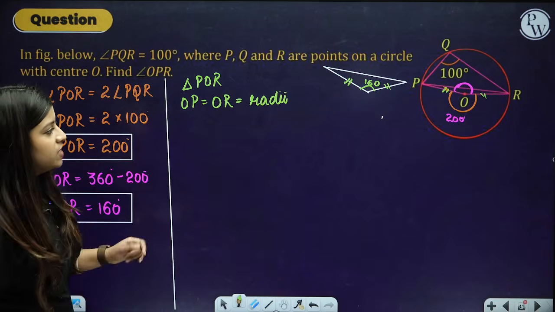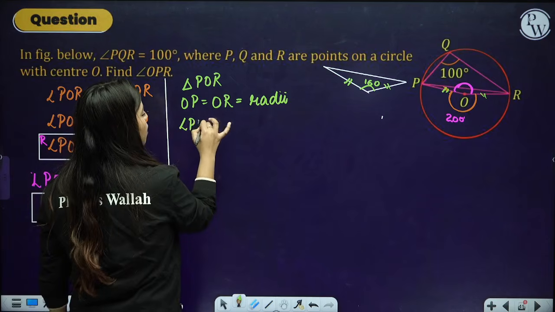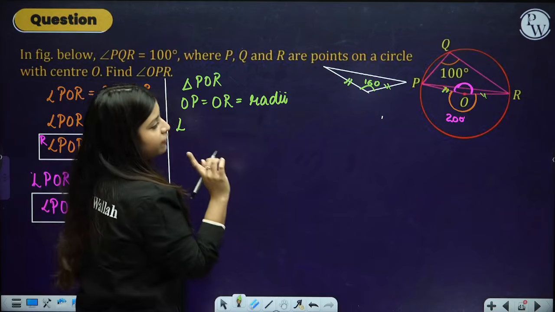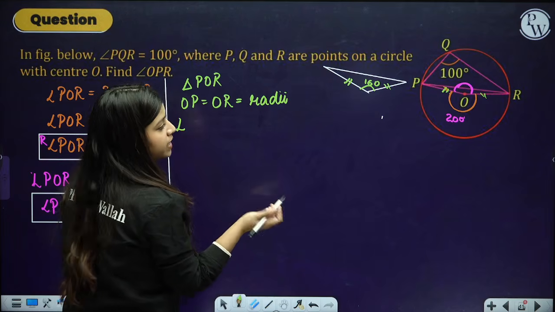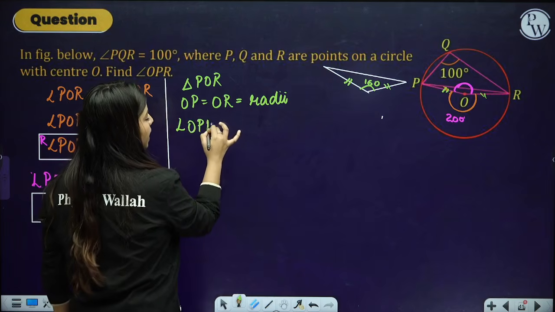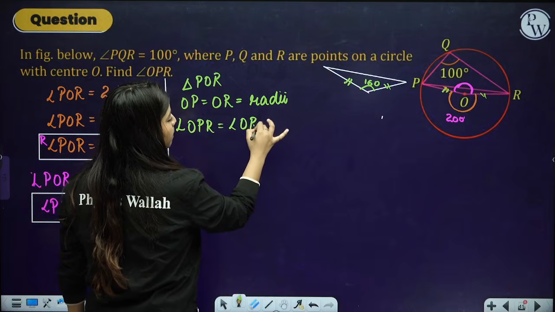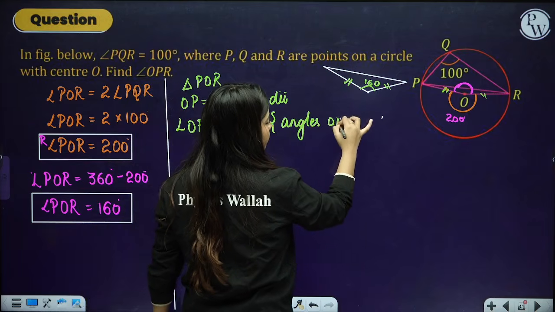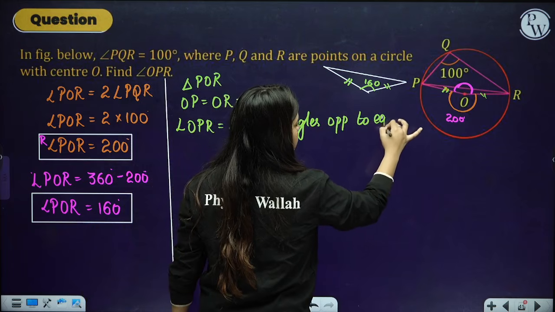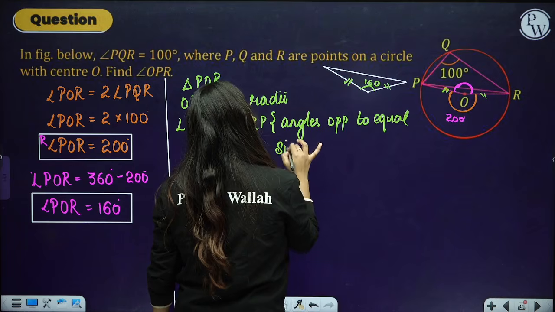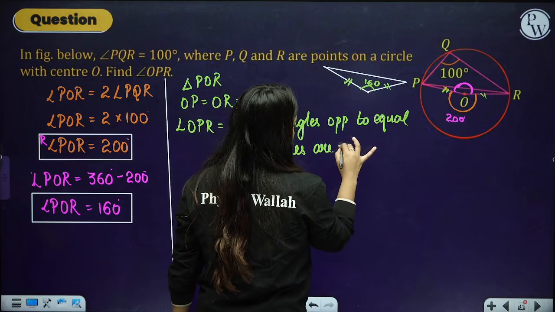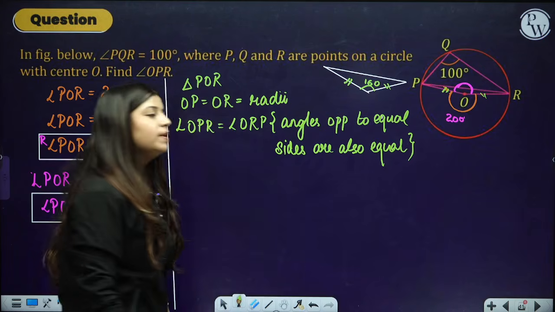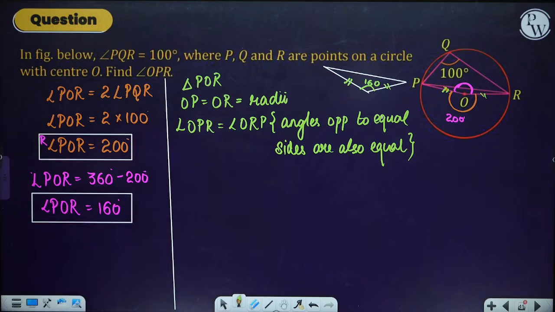If OP is equal to OR, then angle OPR is equal to angle ORP, because angles opposite to equal sides are also equal.